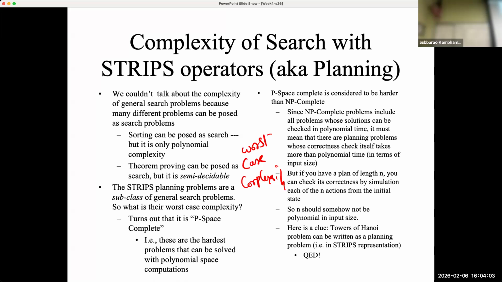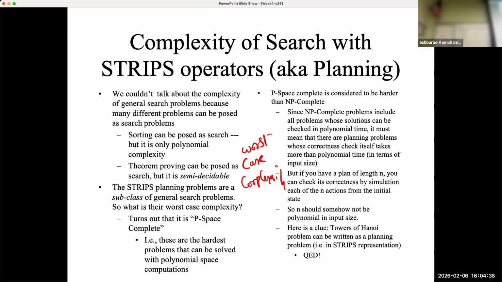Of course, there are subclasses of planning problems where the plan size is always polynomial in the size of the initial specification, which is many, many problems. For which it's in the class NP. In particular, if you consider a variation of the planning problem where you ask, is there a plan of length k for my problem?